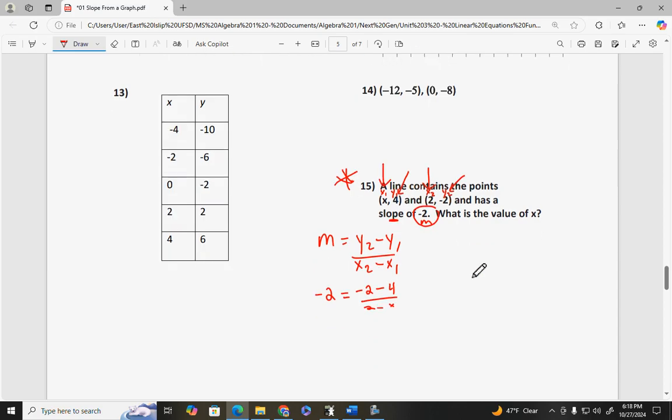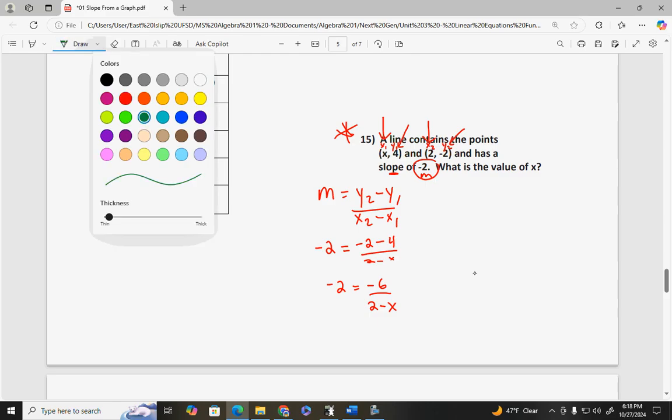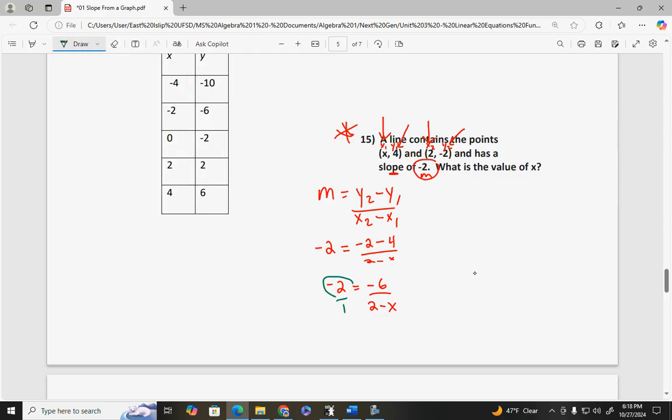And now I want to simplify it. So negative 2 equals, in the numerator, negative 2 minus 4 is negative 6. In the denominator, I can't simplify because I don't know what 2 minus x is. Now, I want to make it look like a proportion, and I want to do my cross products.